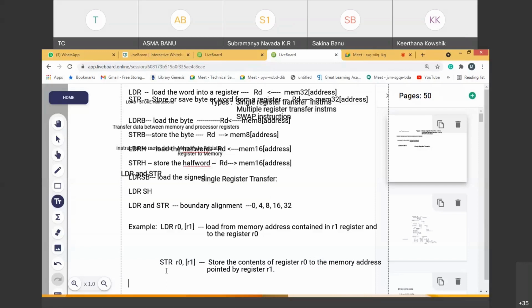So R1 has the base address plus offset address. In this case, you just understand, the offset is 0.